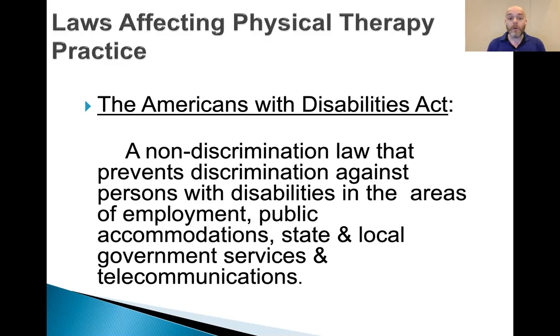Public accommodations, so take in Houston, the metro, the bus system. A wheelchair user can't get up on those big buses, so they have to have buses that are wheelchair buses, and in Houston those are called Metro Lift buses. They're small buses, but they have a wheelchair ramp on the back.